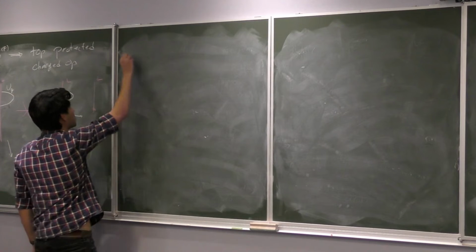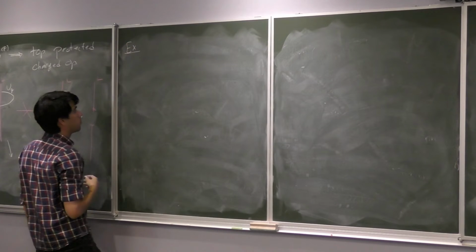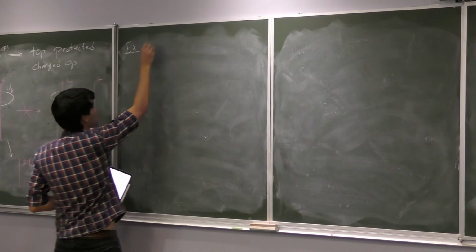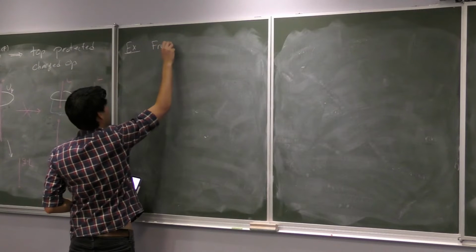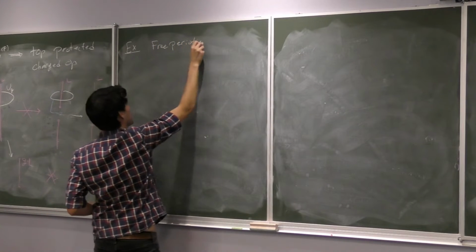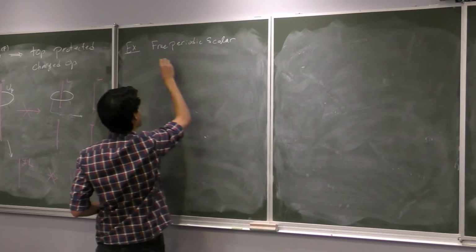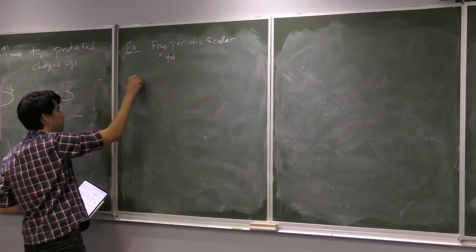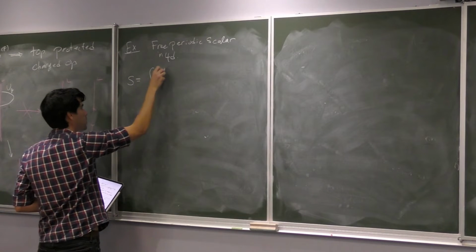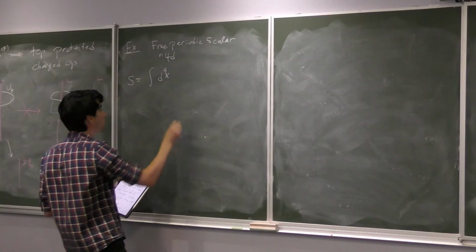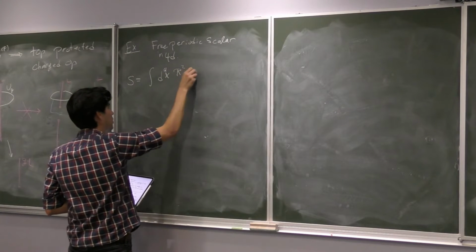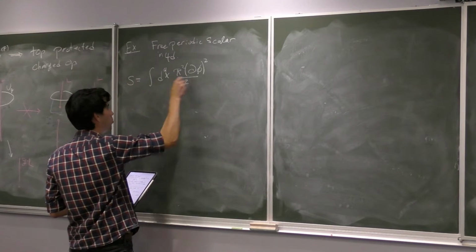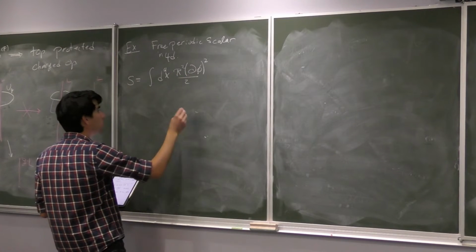So maybe it'd be nice to do an example, so that you can have something more physical in mind. Let's do the free periodic scalar in four dimensions. Here, I mean that you have an action which looks like this, ∫d⁴x r² (dφ)².